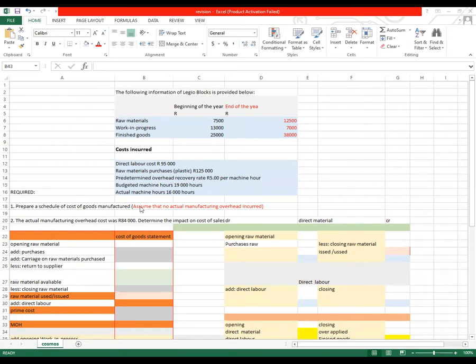And then in red: assume that there is no actual manufacturing overhead incurred. Are we clear?